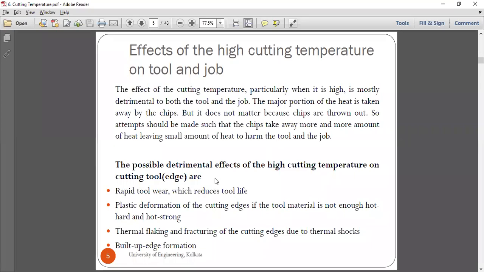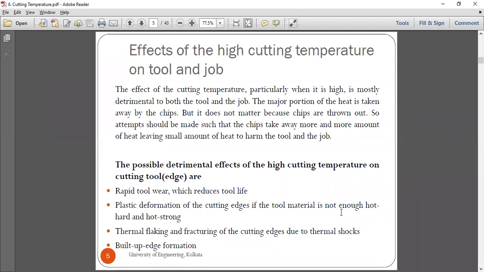So what are the detrimental effects on the cutting tool, or rather the cutting edge? We encounter rapid tool wear, which reduces the tool life. Plastic deformation of the cutting edges occurs if the tool material is not hot hard and hot strong. So what is hot hard and hot strong? That means at an elevated temperature, the tool should not encounter plastic deformation.